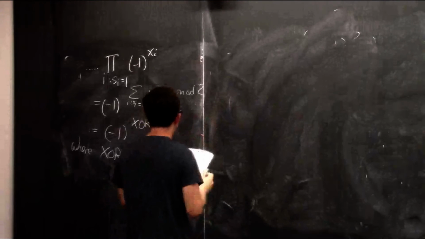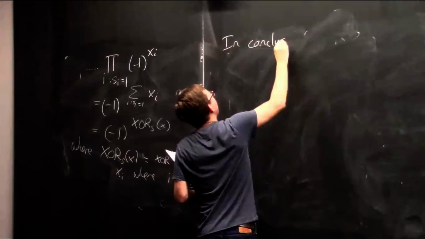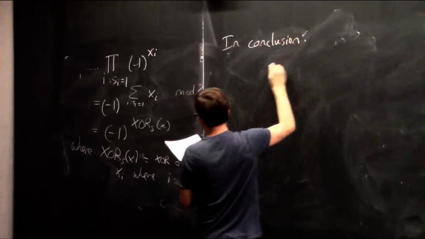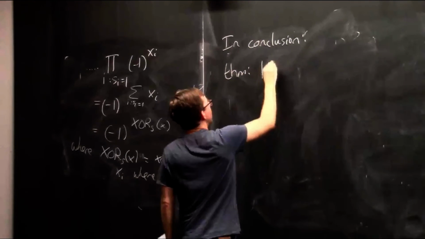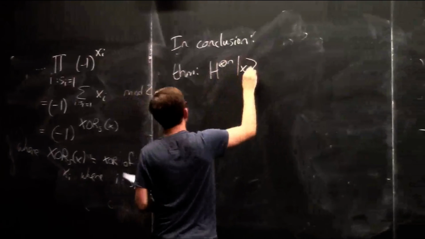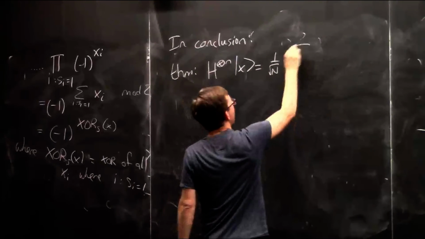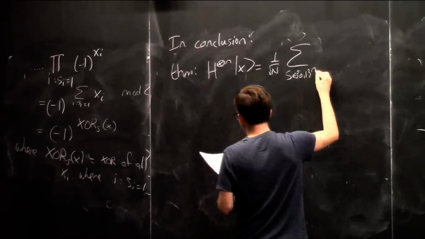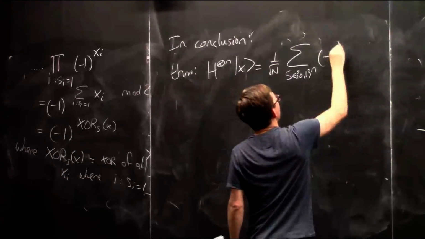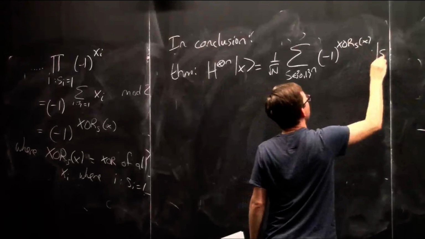Okay, so in conclusion, here's a theorem which we've worked out. H tensor n applied to x has this formula: it's 1 over root N times the sum over all s in {0,1}^n of (-1) to the XOR sub S of x, times s.